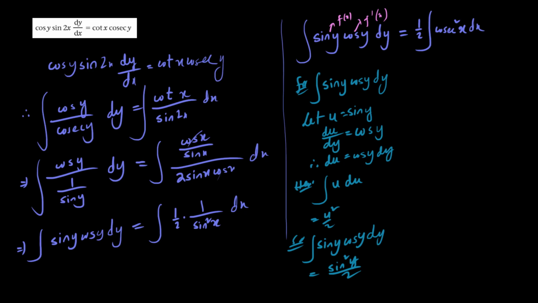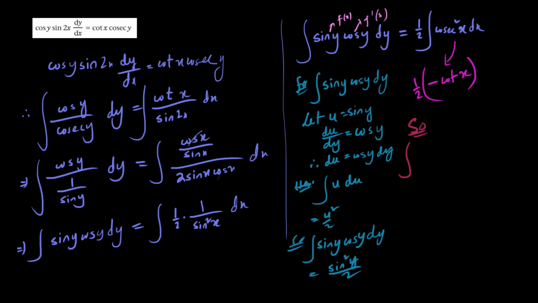Now this part can be done by the fundamental rule of calculus. By the fundamental rule of calculus, this part is going to be minus cot x. So we have a half over here. So it is going to be minus cot x, that is the integration of cosec squared x. Hence we can now write down the answer.